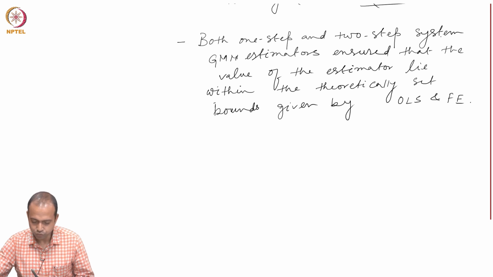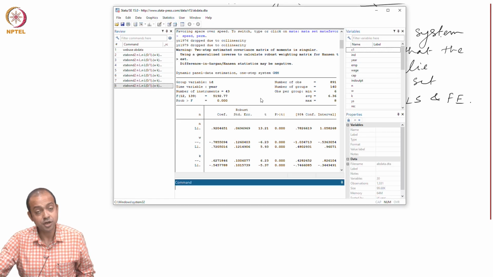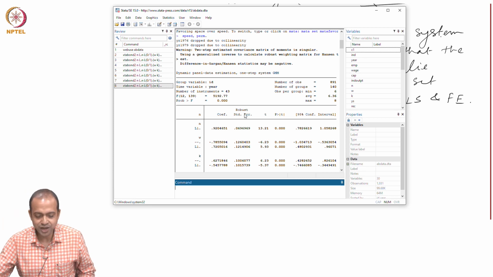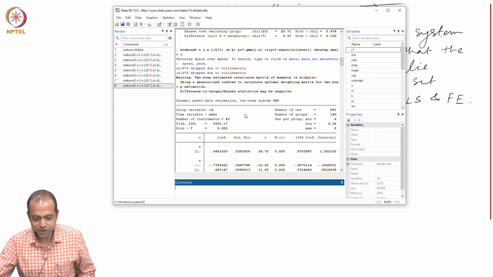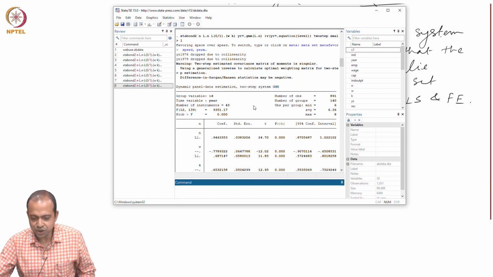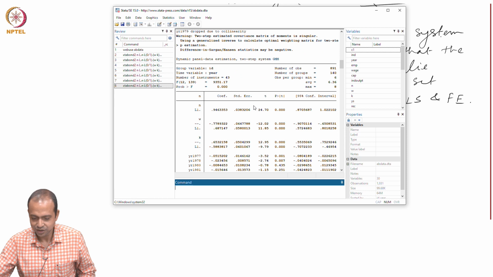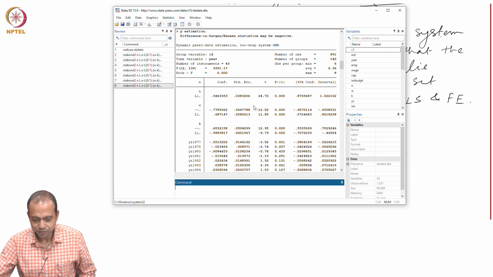So, both one step and two step system GMM ensured the value to lie within the interval. Then next, what have we estimated? We have estimated two step system GMM without robust command, that means there is a downward bias in the standard error.